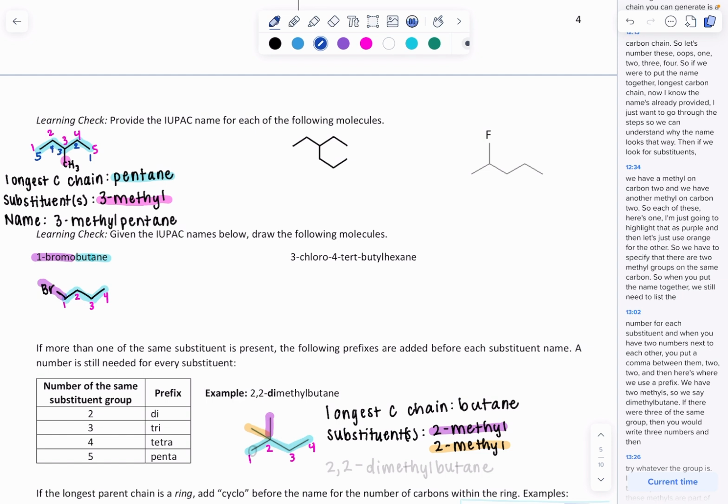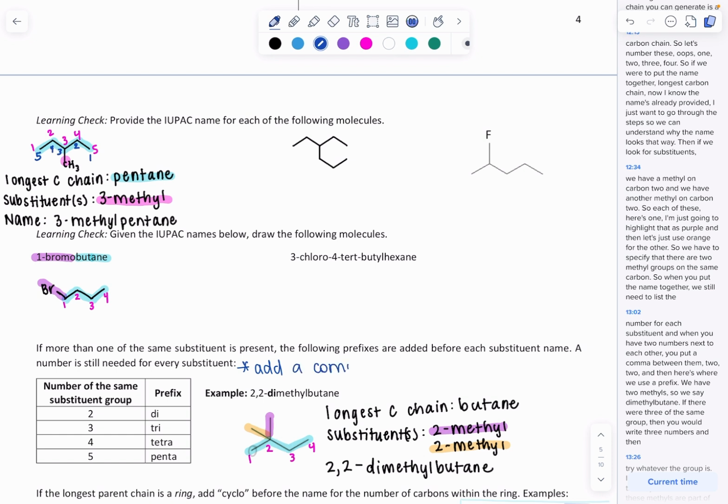So when you put the name together, we still need to list the number for each substituent. And when you have 2 numbers next to each other, you put a comma between them. 2, 2. And then here's where we use a prefix. We have 2 methyls, so we say dimethylbutane.